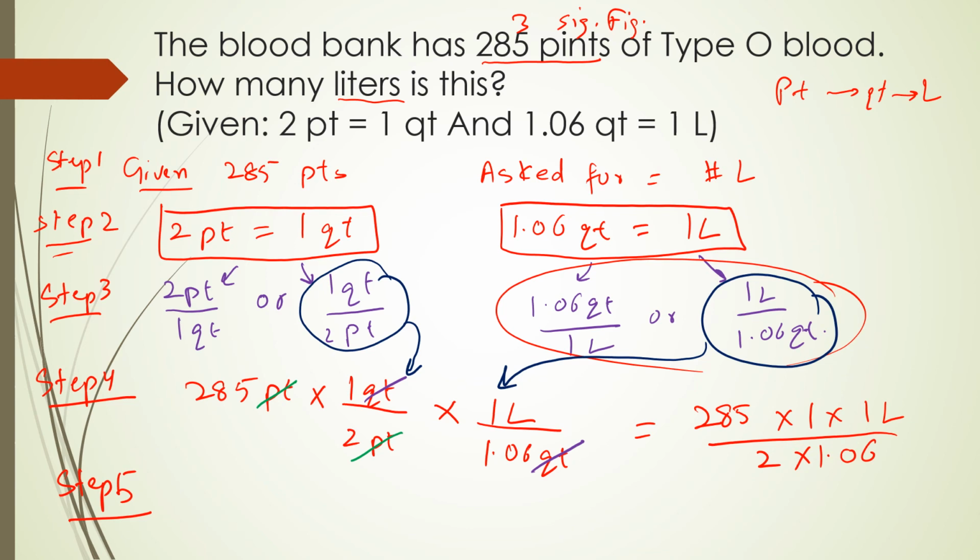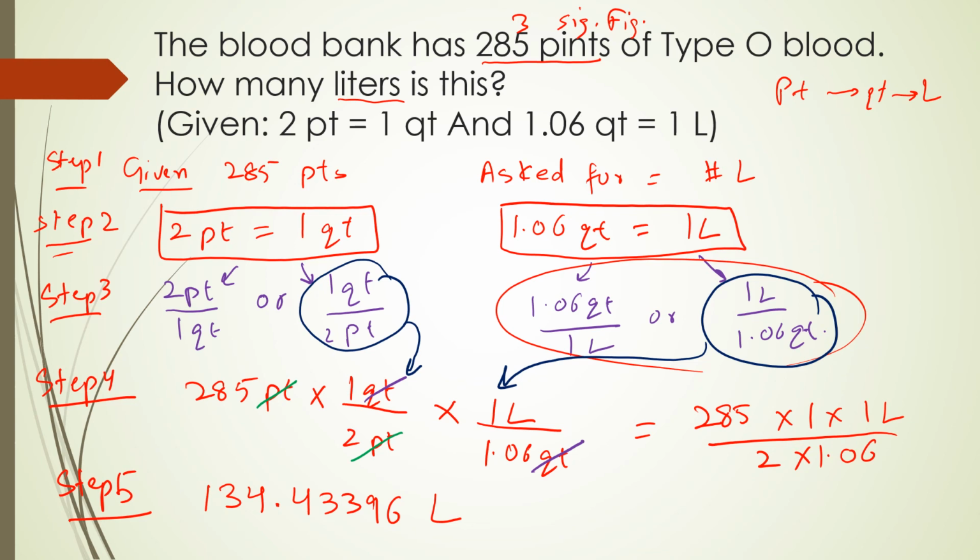So if I use my calculator, so my answer comes out to be, 285 times 1 times 1 divided by 2 divided by 1.06, and the answer comes out to be 134.43396 liters, right?